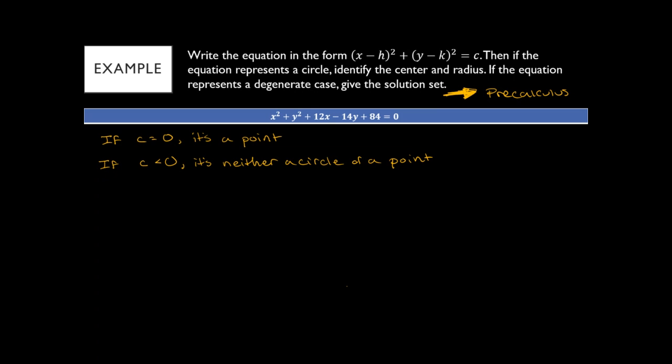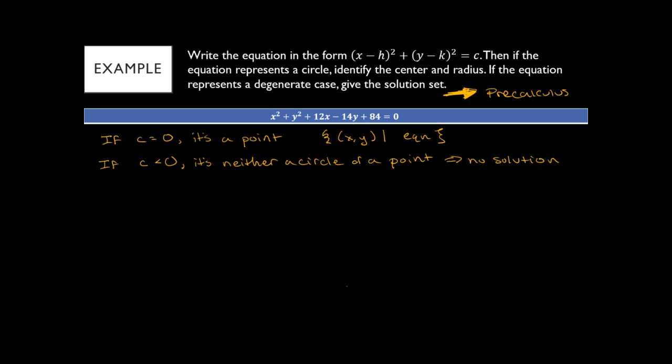So it's a circle if the value on the right side is greater than 0, and it's no solution if it's less than 0. If it's a point, you write your solution usually as (x, y) where, and then you write your equation. Those are the two different ways that you write the solution if it's not a circle.